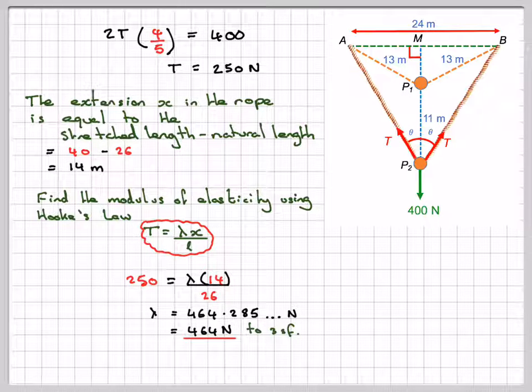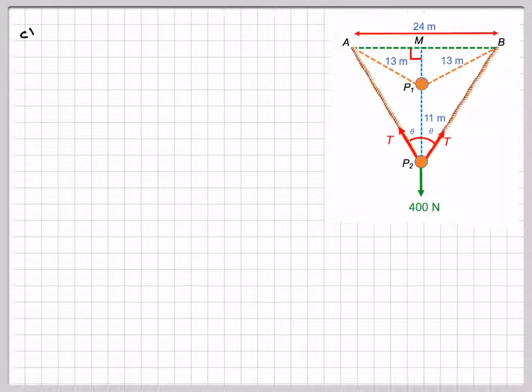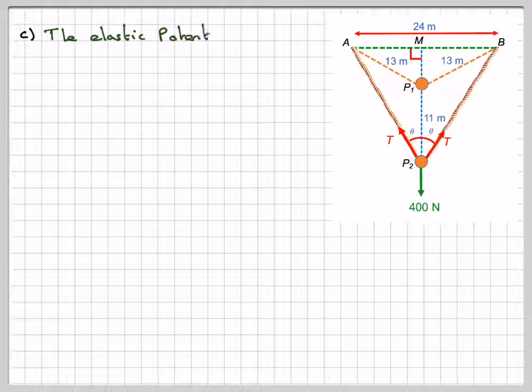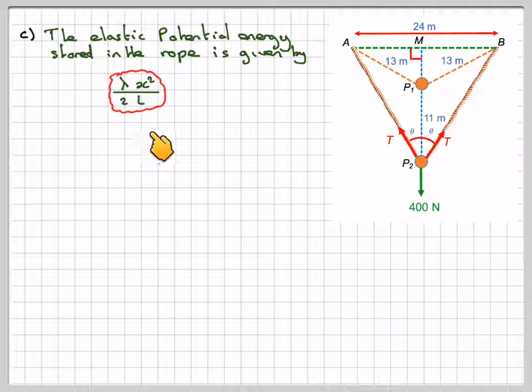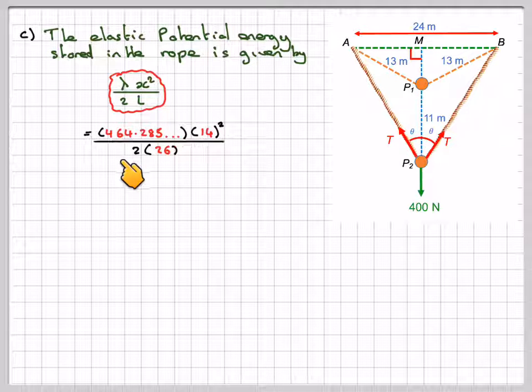Now the elastic potential energy stored in this rope is given by lambda x squared over 2L. So we're going to take the value of lambda, which is 464.285, times 14 squared divided by 2 times 26, which gives me 1,750 joules.